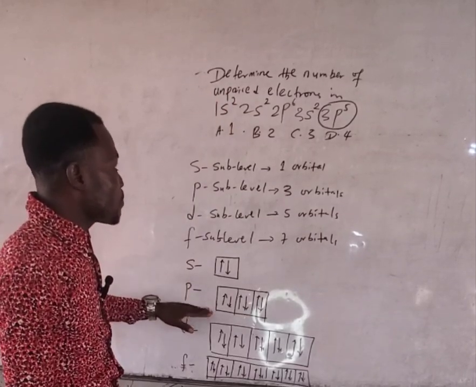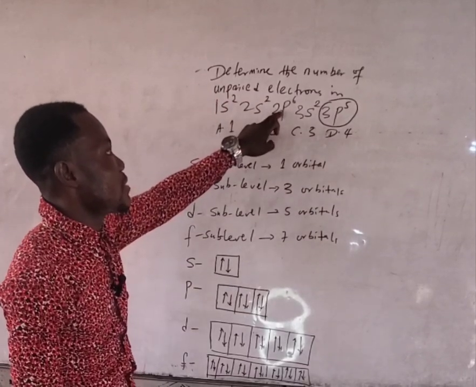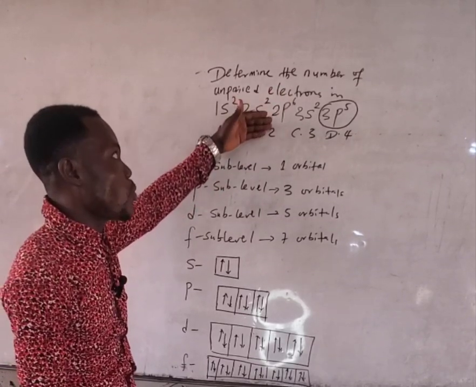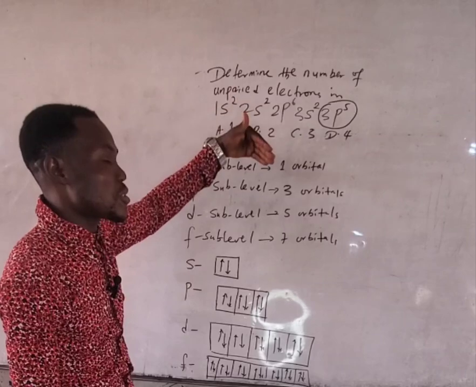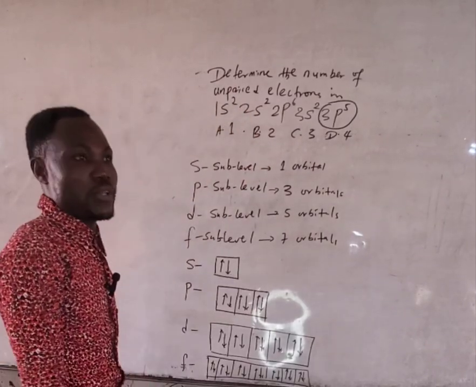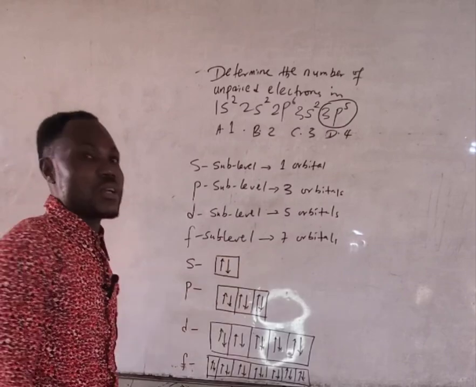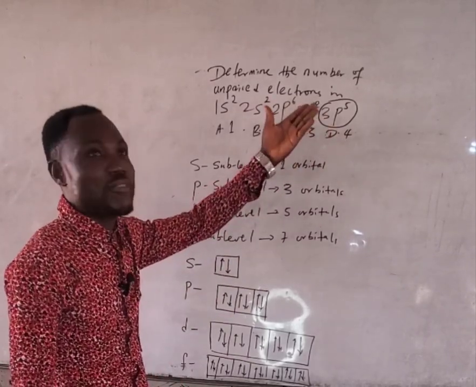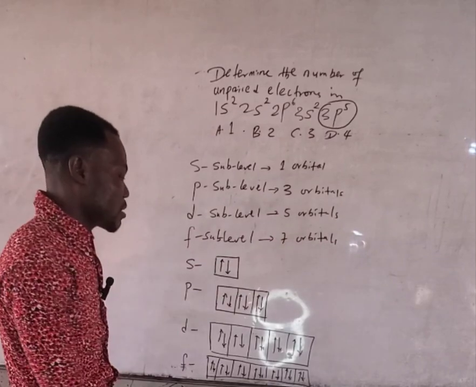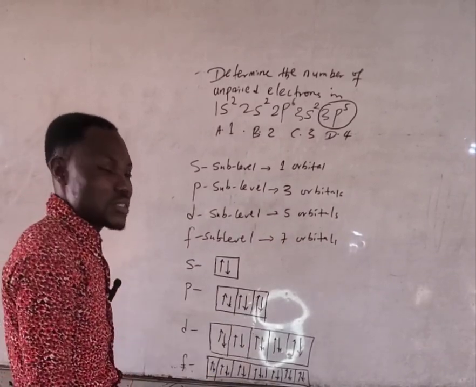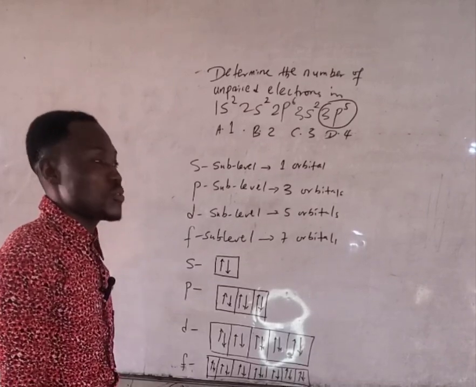The maximum number of electrons p can hold is 6. It can be lower if the last sub-level in the electronic configuration is p and the number of electrons is no longer up to 6, just like we have 5 here, meaning just 5 left. Then the maximum D can hold is 10, and the maximum F can hold is 14.